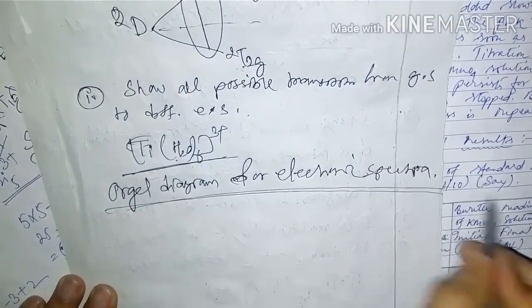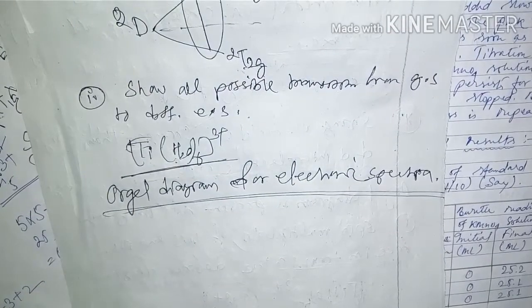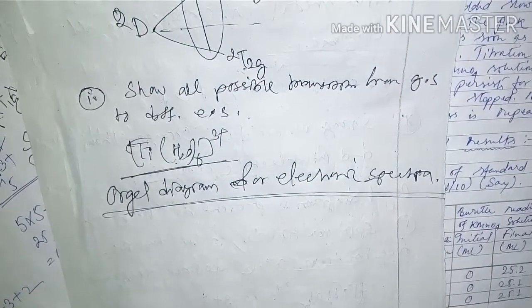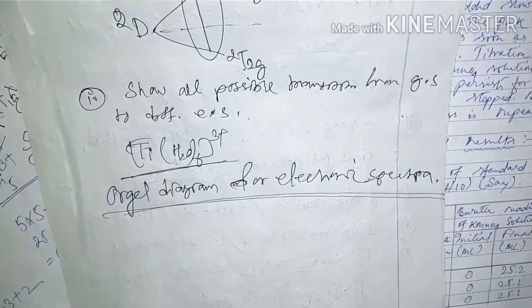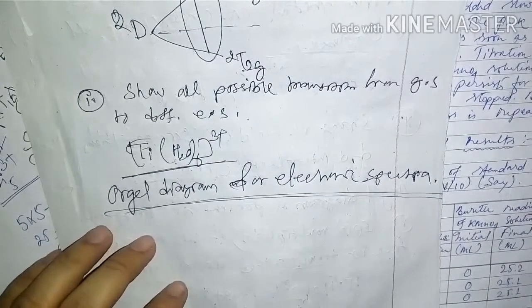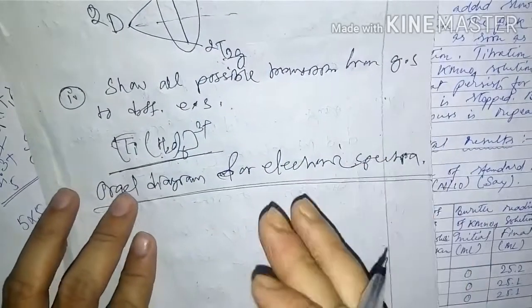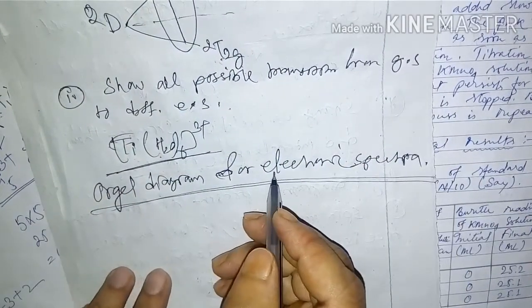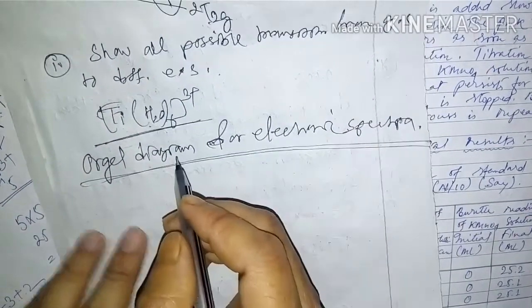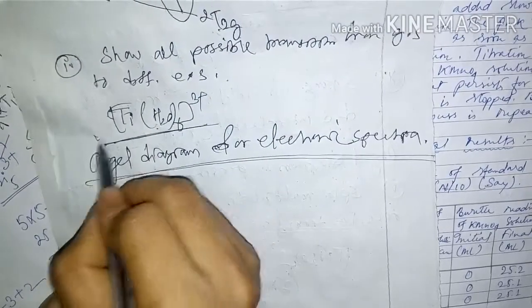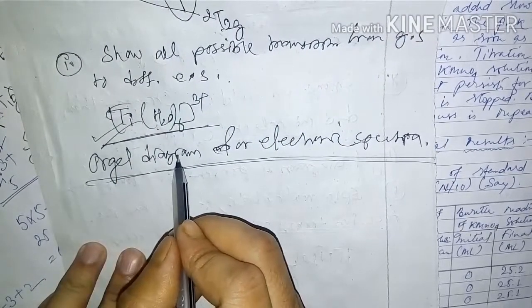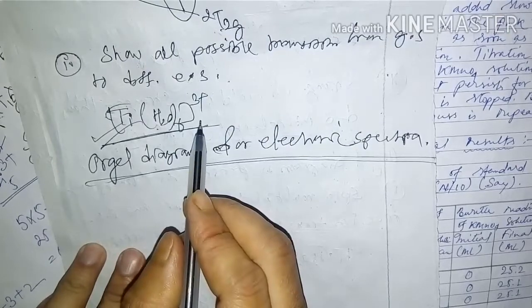So this Orgel diagram is very important, for exams like MSc, IIT JAM, GATE, or CSIR chemical science NET. Suppose there is only one electron.